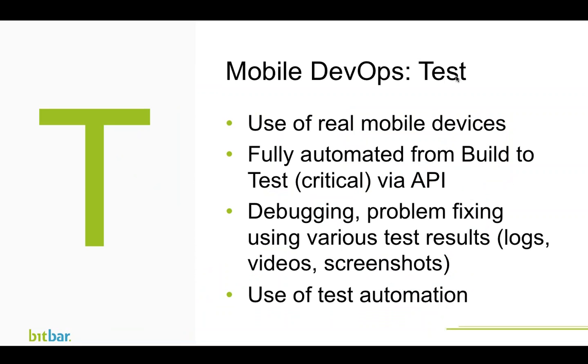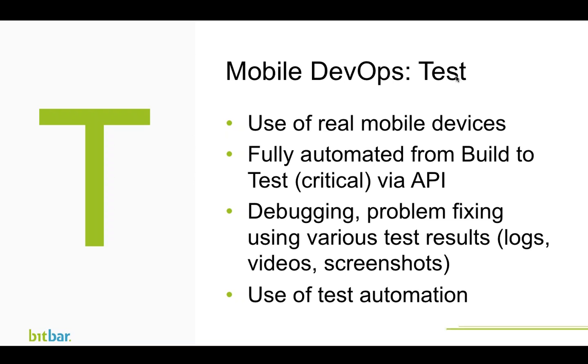I mentioned it a few times, but testing on real devices is an absolute must. You definitely want to make sure the application works across all the possible device variants. You don't want to jeopardize revenue or the end user experience because it wasn't perfectly tested before the release happened.